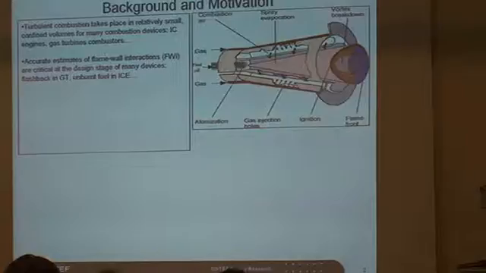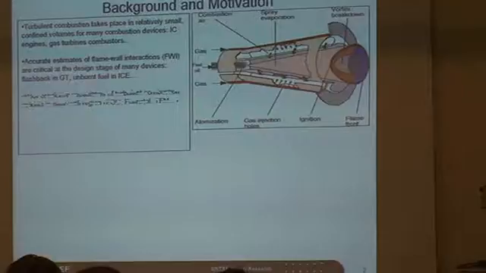This is the EV burner from Alstom. It's a double cone. But flame wall interaction is important also for automobile engine applications and so on.